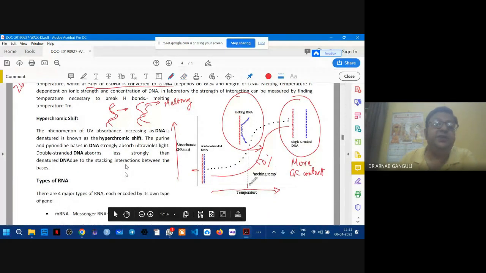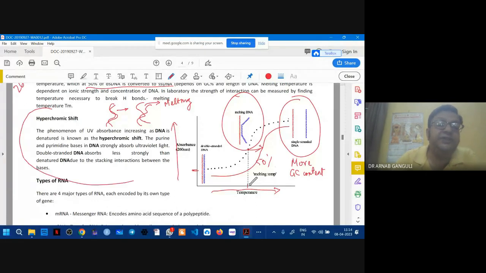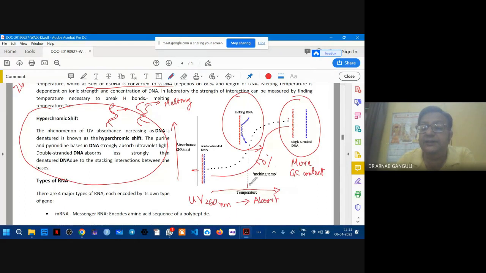The next thing we have to do is hyperchromic shift. Hyperchromic shift means at UV 260 nanometer, when light is passed, the absorbance of double-stranded DNA is lower than single-stranded DNA.